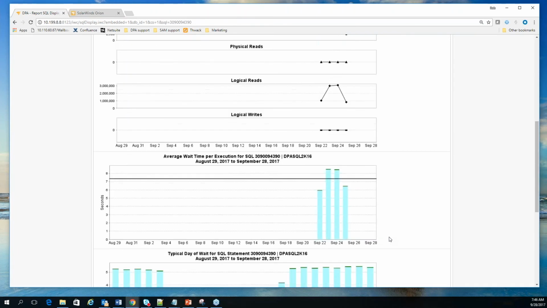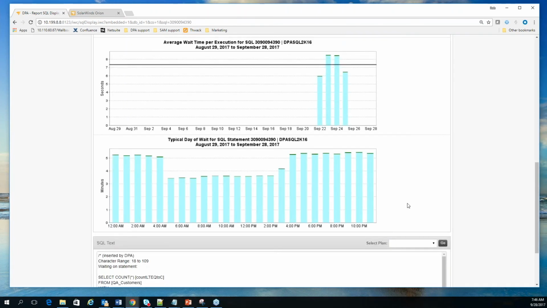All right. The other chart that it gives you down here is a typical day of wait. This one's a nice one because it can show you whether something is kind of being kicked off on a schedule or if it's end user driven. In this case, it looks like a program that is just running periodically. So it's just going to run this statement throughout the day, throughout every hour of the day, versus if it was end user driven, I would really expect to see more of a bell curve.